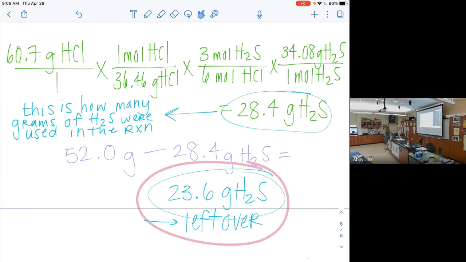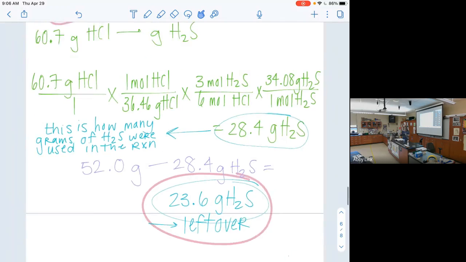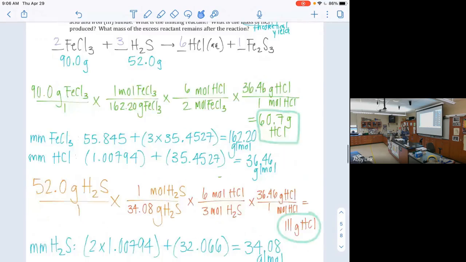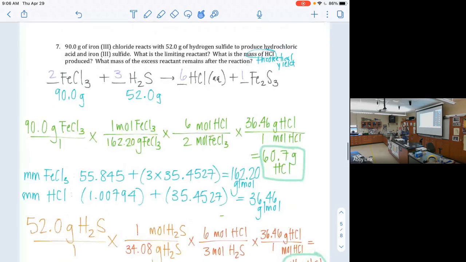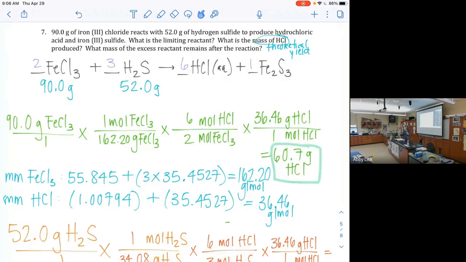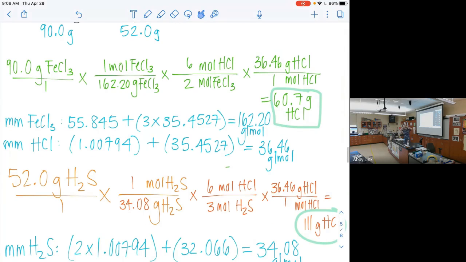Did you say that was the traditional version? Yes. So this was the traditional way of solving the stoichiometry problem. Archie, let me talk through the process that we went through. We started by balancing, writing out the reaction. In order to determine which one of my reactants is limiting, I have to go from grams of each reactant to grams of the product that I want.